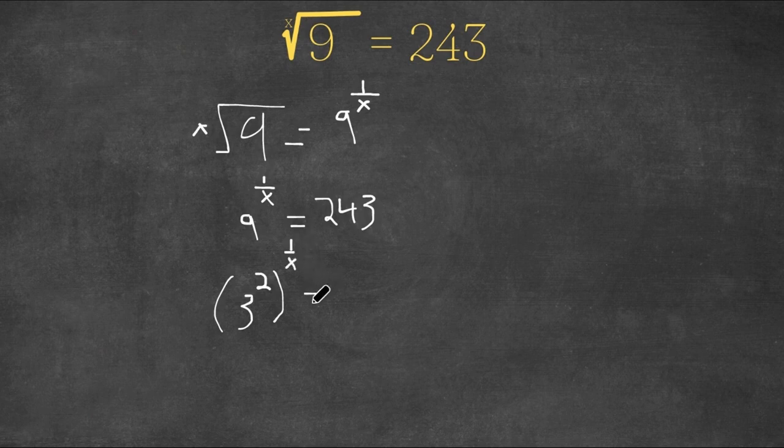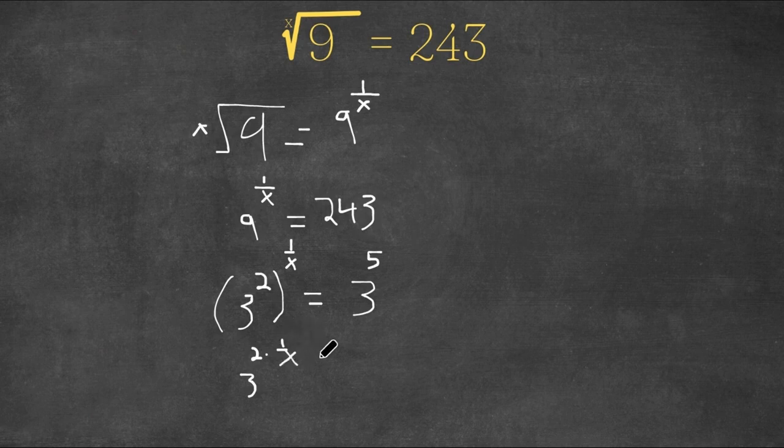And this equals, well, what's an alternate form of writing 243? Well, 243 is also 3 to the power of 5. Now, we have a pretty simple equation. Let's simplify this a bit. 3 squared to the power of 1 over x is equal to 3 to the power of 2 times 1 over x.